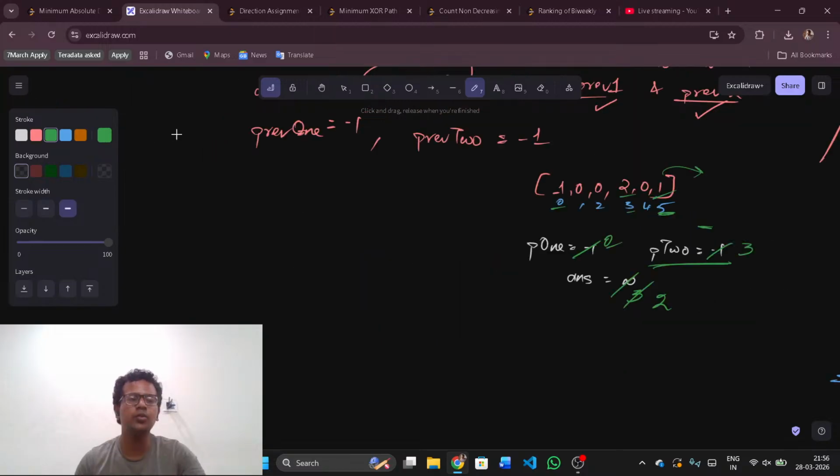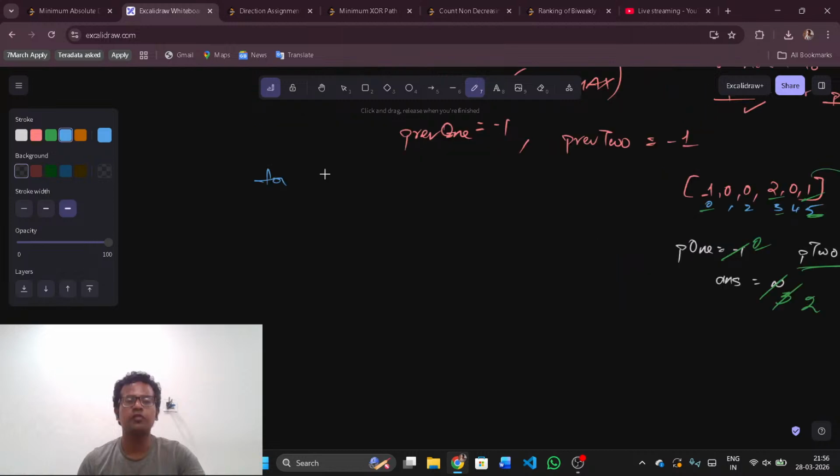So what am I doing exactly? I'll just go from i equal to 0, i less than n, i plus plus. Let me write it standing. If I see 1, compute the difference as i minus previous 2.